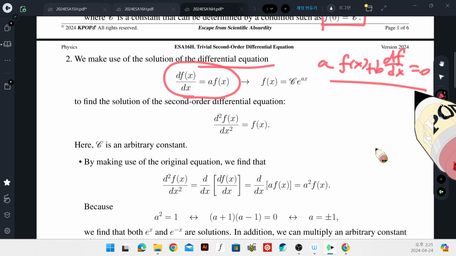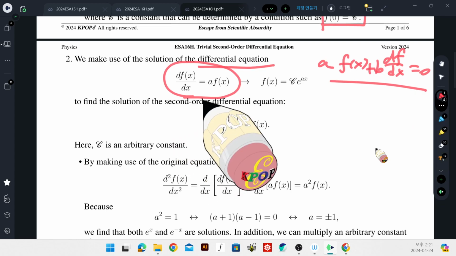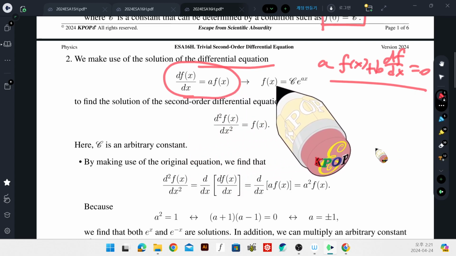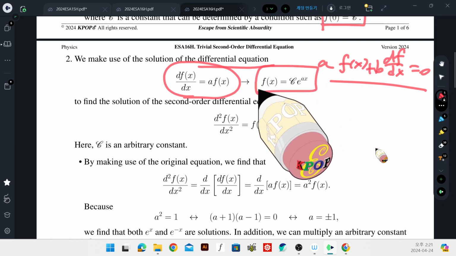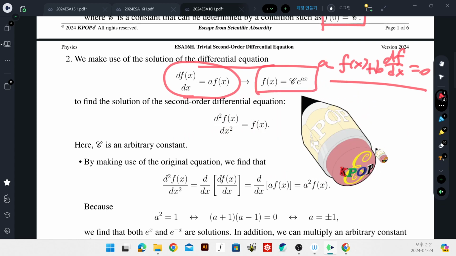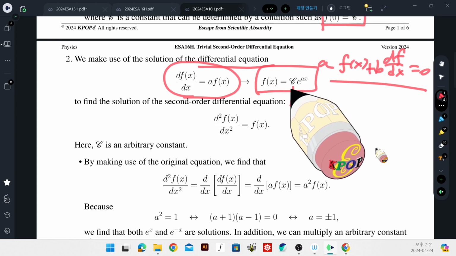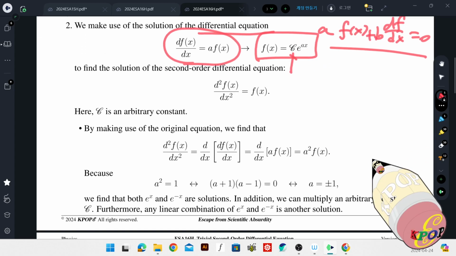This is a kind of differential equation. Now, in this simple case, this differential equation has a general solution such that the exponential ax is multiplied by an arbitrary factor.